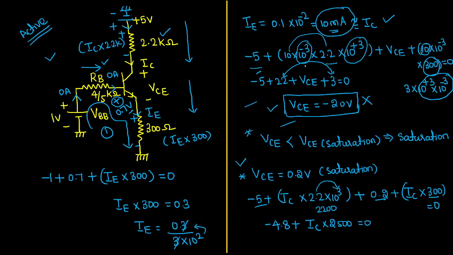So this is minus 5, this is correct, and this is also correct. This is correct. Collector current, how much we got? Yeah, 10 milliampere.